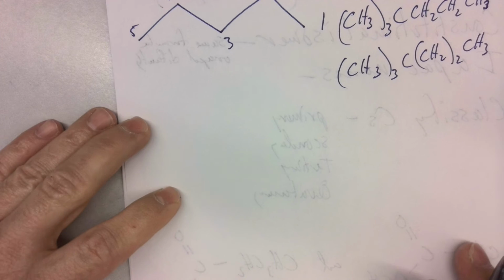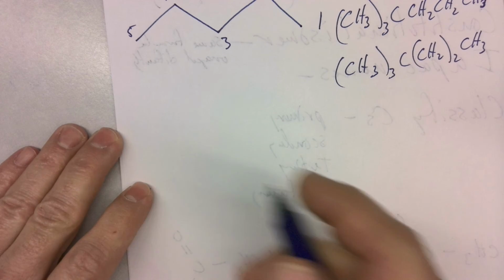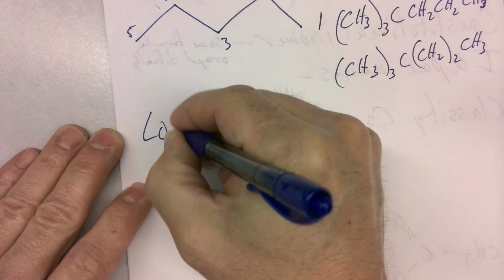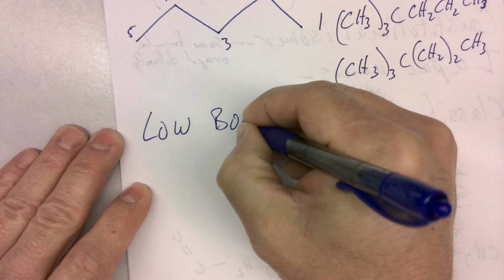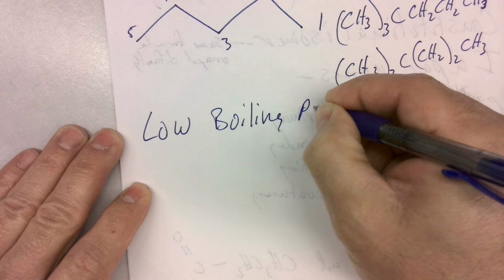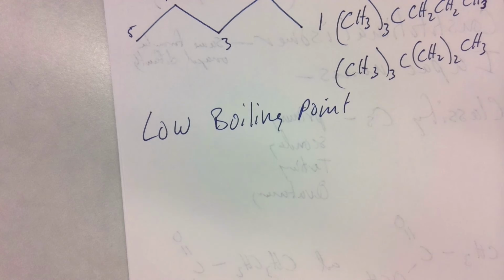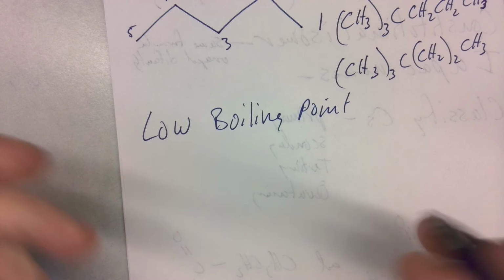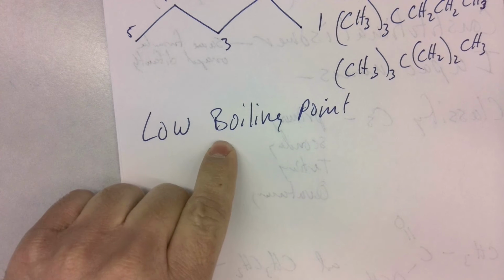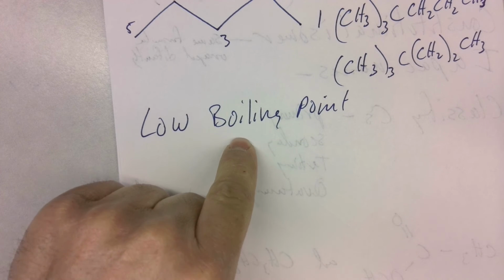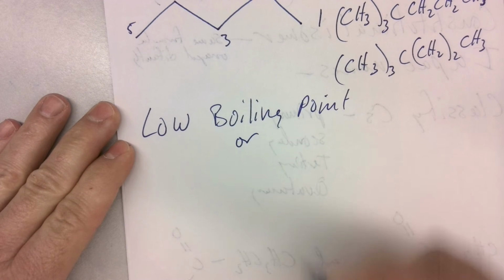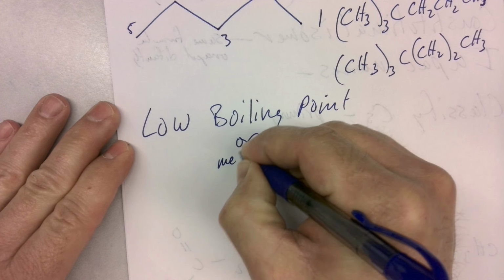Now, I talked about this the other day, but if I want to have a low boiling point, what kind of compounds did I say had a low boiling point, or by the same thing, low melting point?